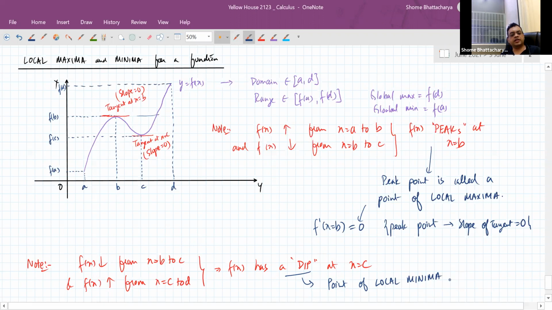And what happens is that the derivative of the function at x equal to c is 0. Okay. So this is a second type of maxima and minima we are talking about compared to the global maxima and minima. It is the type of maxima or minima where the function's graph shape has to reach a peak point or it has to reach a dip point. So just make a note of this first.